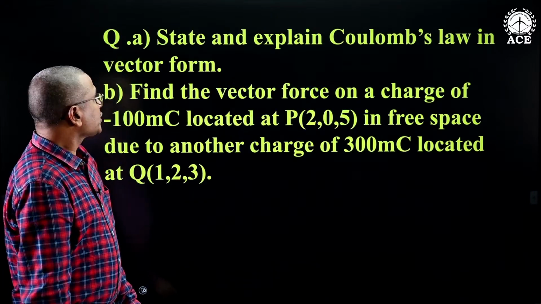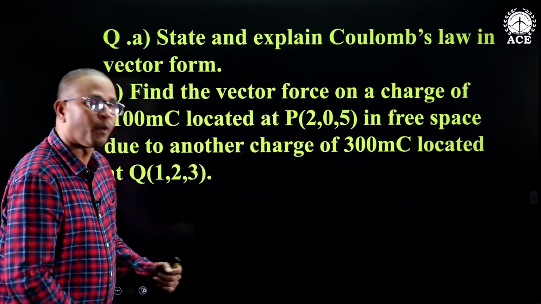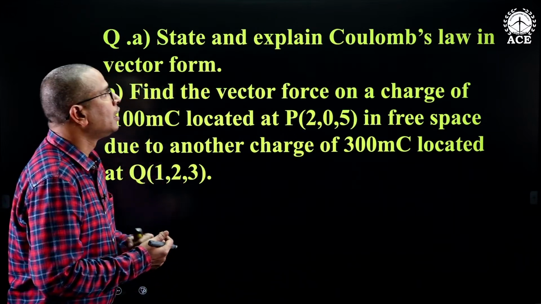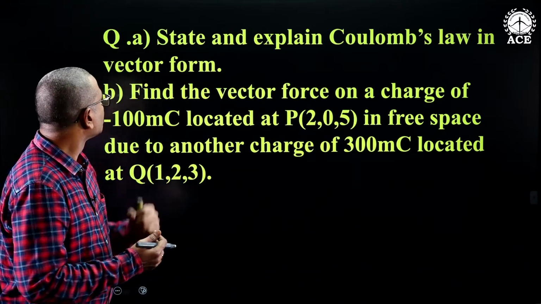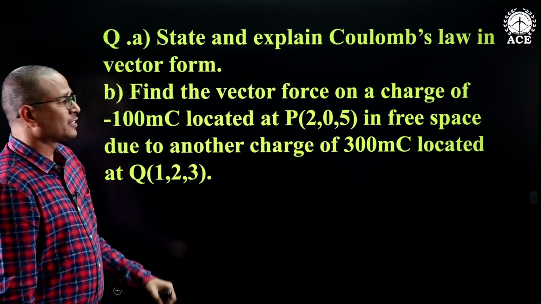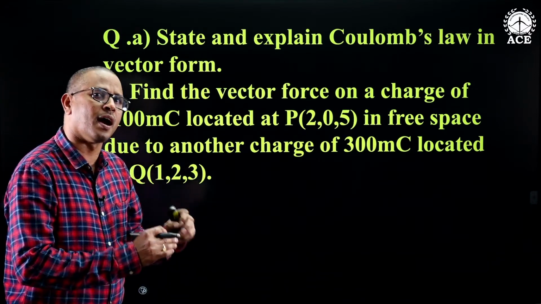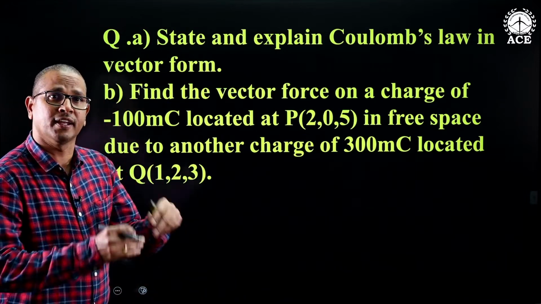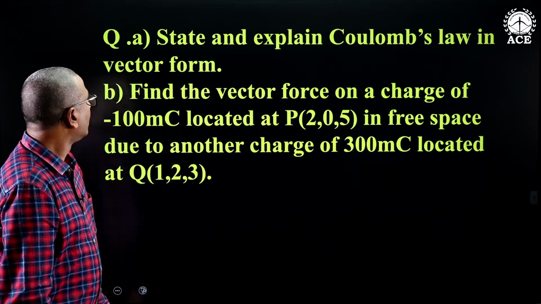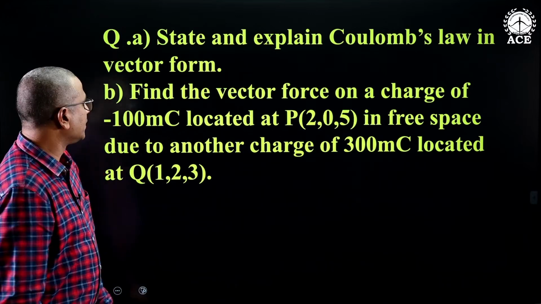The next one, let us have one of the important questions as a part of Coulomb's law. State and explain Coulomb's law in vector form. This is the most important question asked in many universities in their final or external examination. Also, I have given one numerical question here.